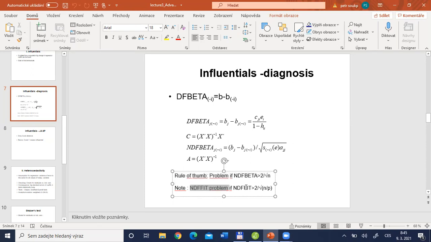For DfFits, a similar rule is applied, 2 divided by the square root, but here of the fraction of your sample size and the number of predictors plus constant. So that's DfBetas and DfFits or their standardized versions.